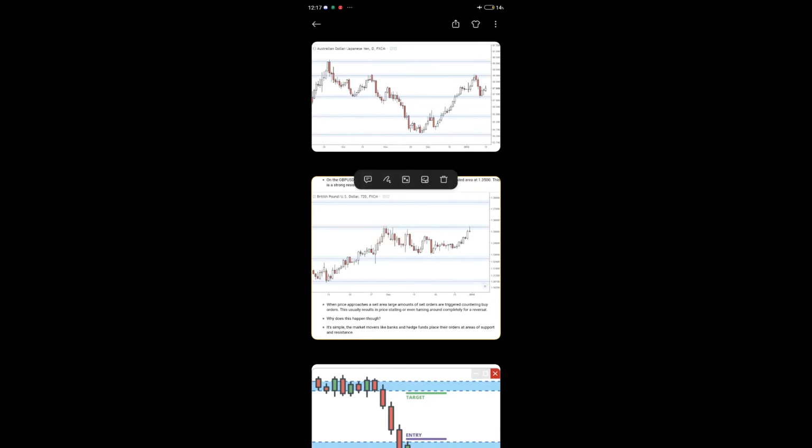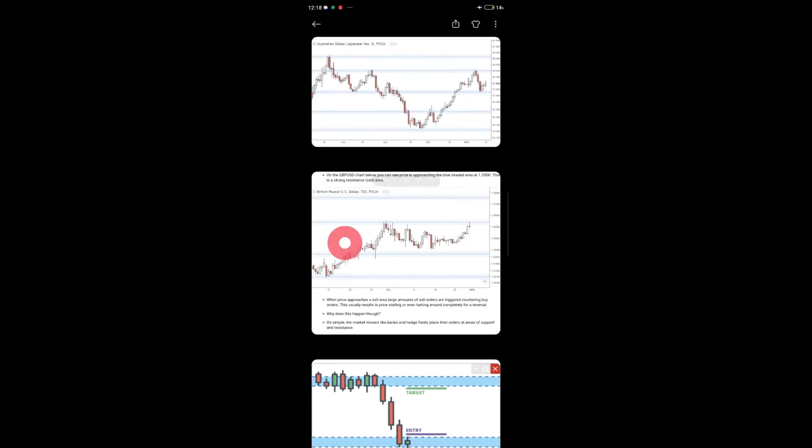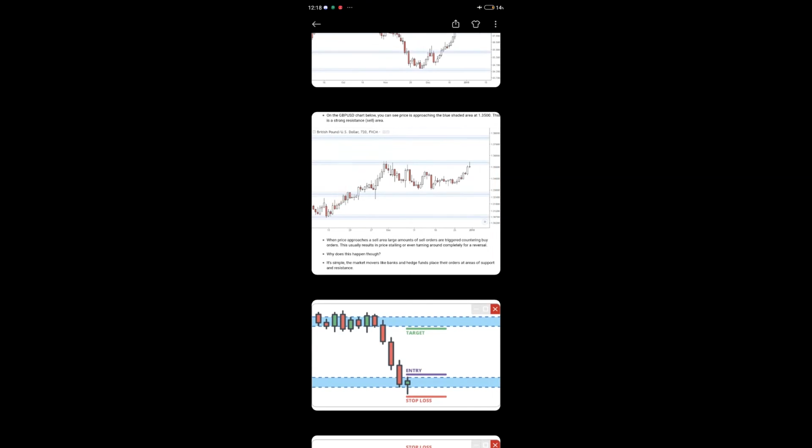So when the price approaches the sell area, a large amount of sell orders are triggered. That means that the sellers place their sell orders at these points so that they can take their profits. They are triggered, and as you can see, this usually results in price stalling or even turning around completely for a reversal.